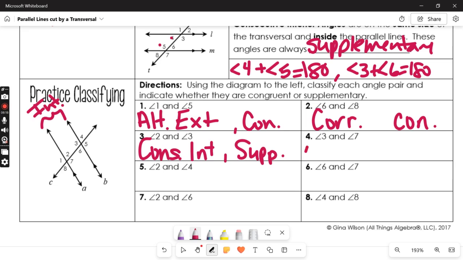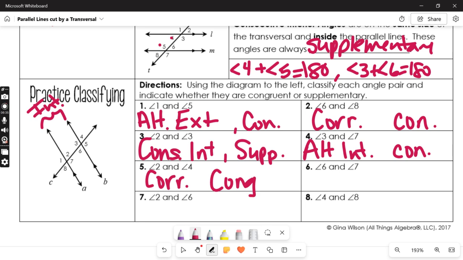Angle 3 and angle 7 are alternate interior angles, which makes them congruent. 2 and 4 are corresponding, which makes them congruent. 6 and 7 are consecutive interior angles, which makes them supplementary.